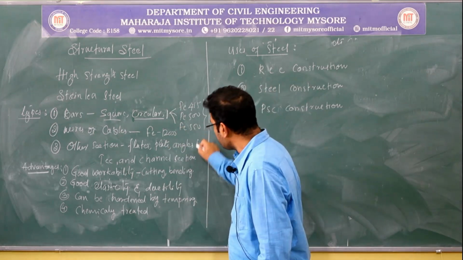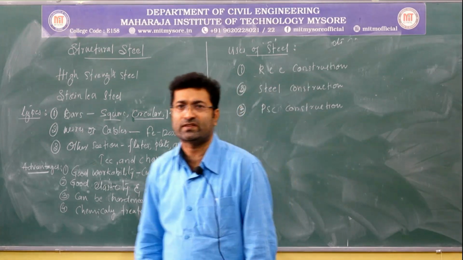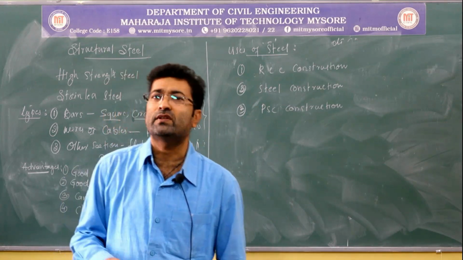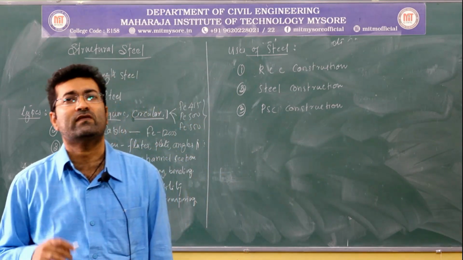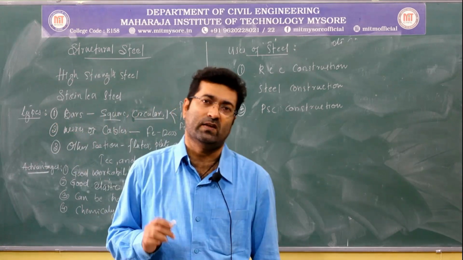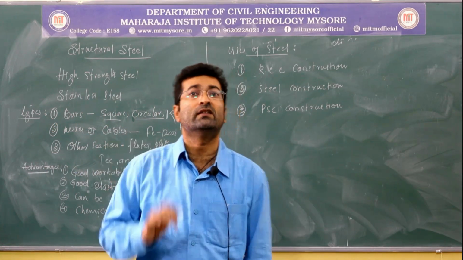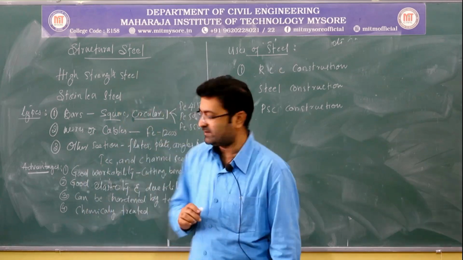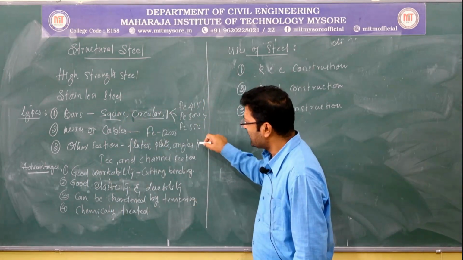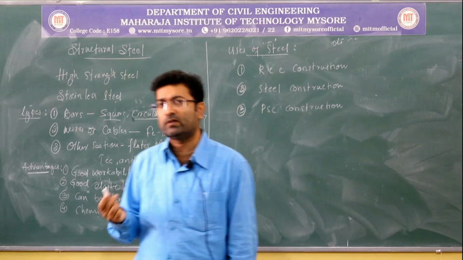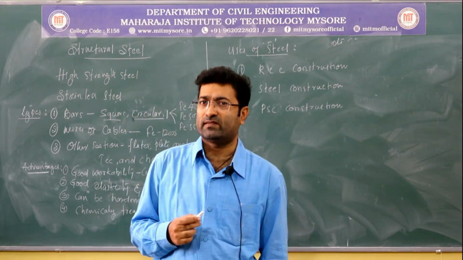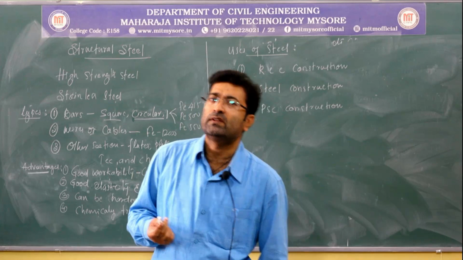And if we are going for steel structures, what are steel structures? A steel structure basically comprises all the structural members made of steel only, like a column is a steel member, beams are steel members, like that. Or you might also see trusses.